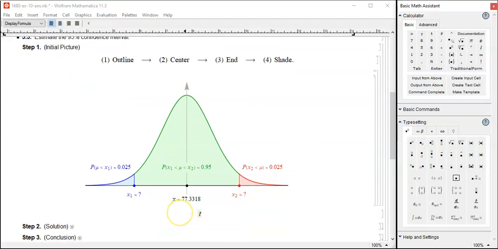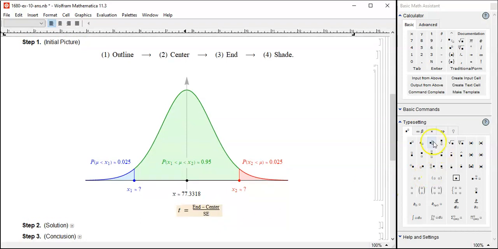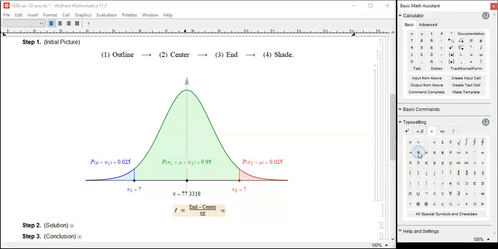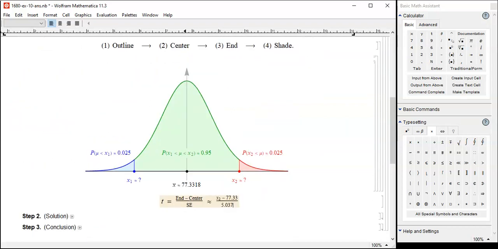What is the t-score? T is x minus center over SE. And that's approximately equal to, in this case, x minus 77.33 over the standard deviation of 5.037 over square root of the sample size, square root of 22.